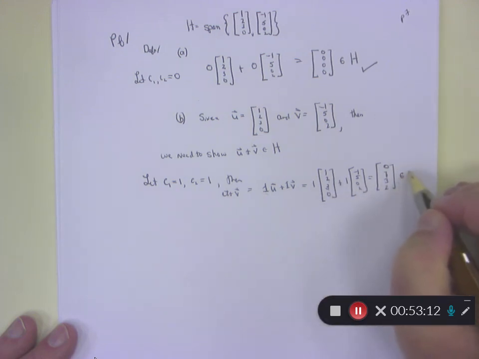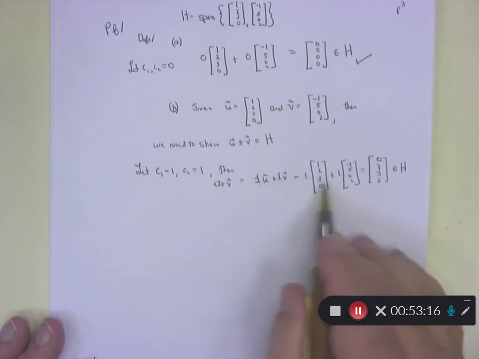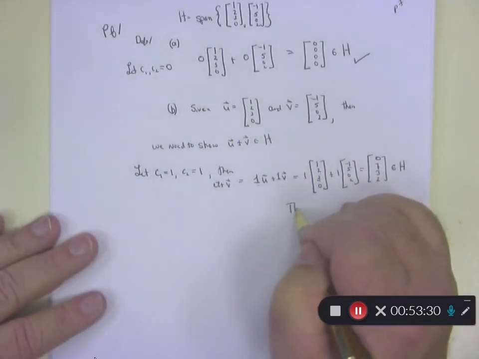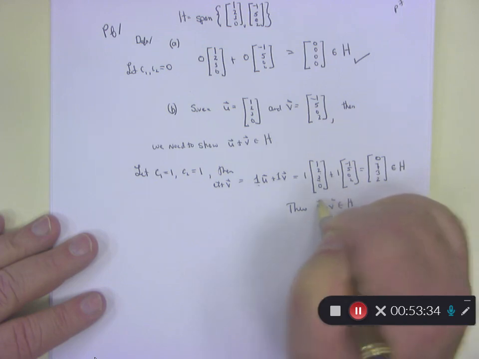And that vector is an element of H because it's a linear combination of these two vectors. So I can add two vectors, and being in the span, that's just 1 times the first vector plus 1 times the second vector. That's inside my set. Thus, U plus V is an element of H.